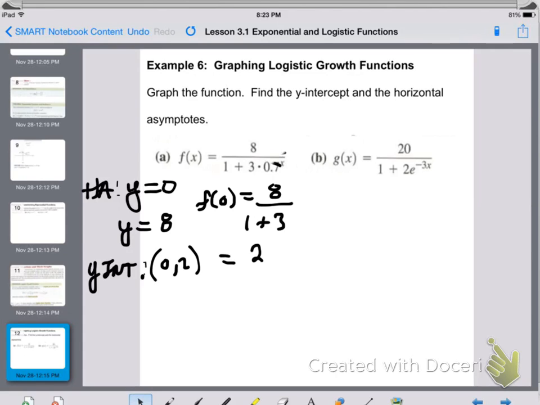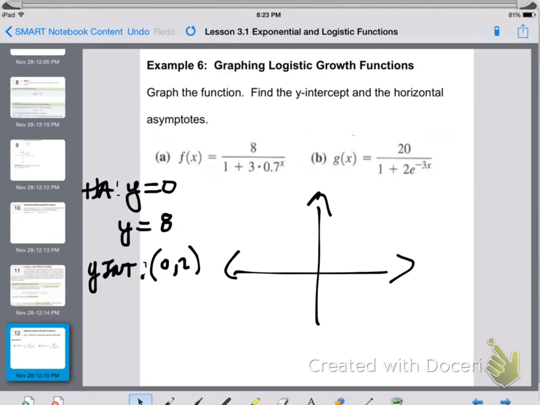And if I want to sketch a quick graph of this, 2, 4, 6, 8, so we're going to go by 2s. So this is the horizontal asymptote, y equaling 8.